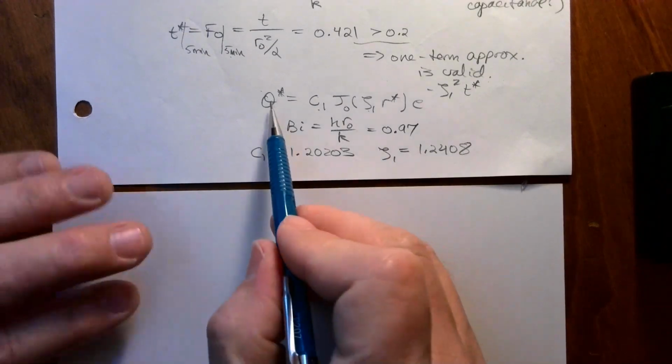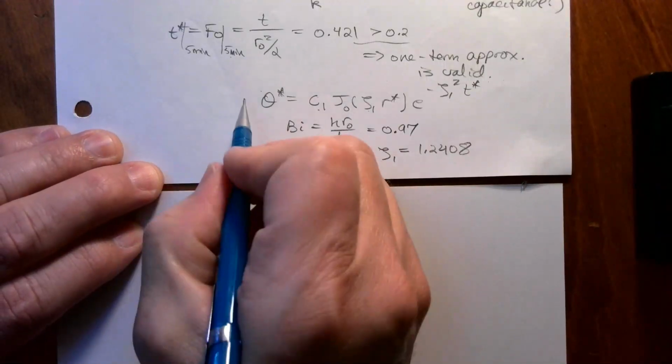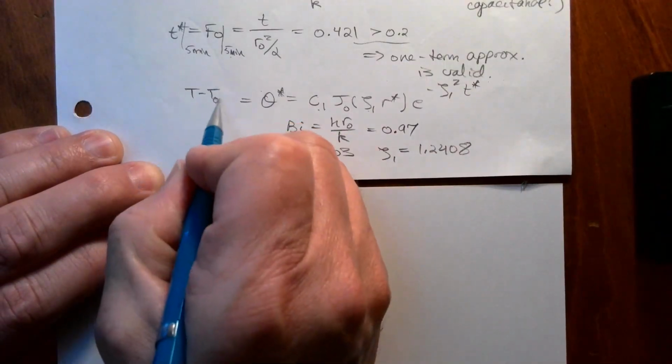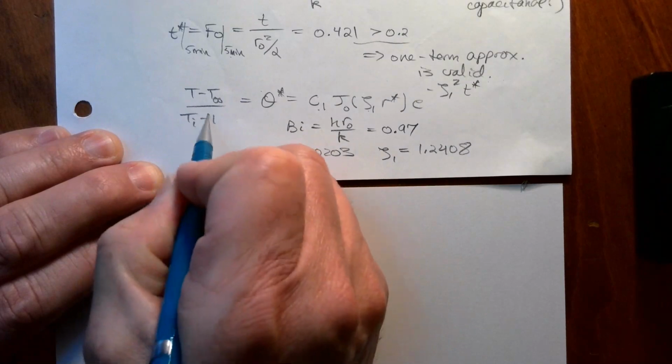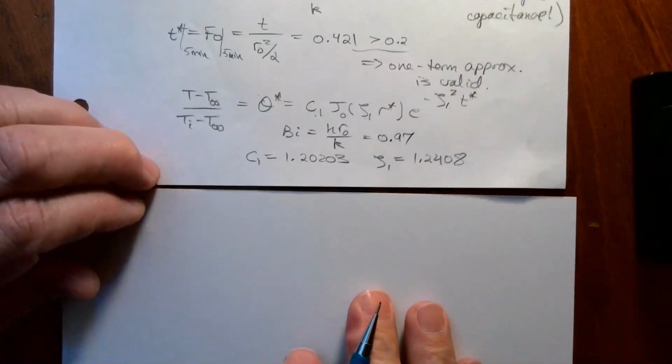Remember that theta star that shows up there is T minus T ambient divided by Ti minus T ambient.